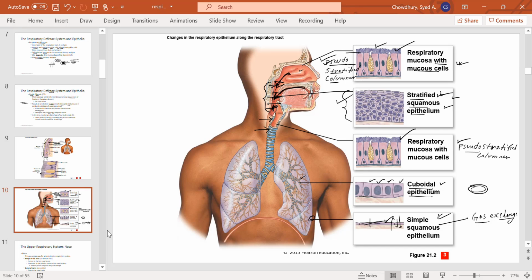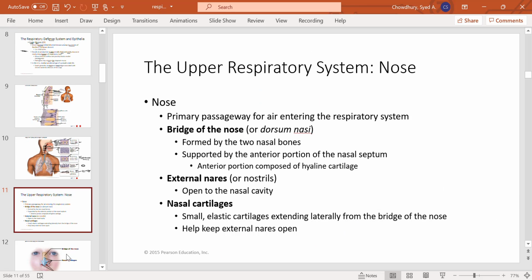And inside the lung, the bronchiole, you have the cuboidal epithelium, and in the alveoli you have the simple squamous for gas exchange, oxygen from the alveoli to the blood, and carbon dioxide from the blood to the alveoli.